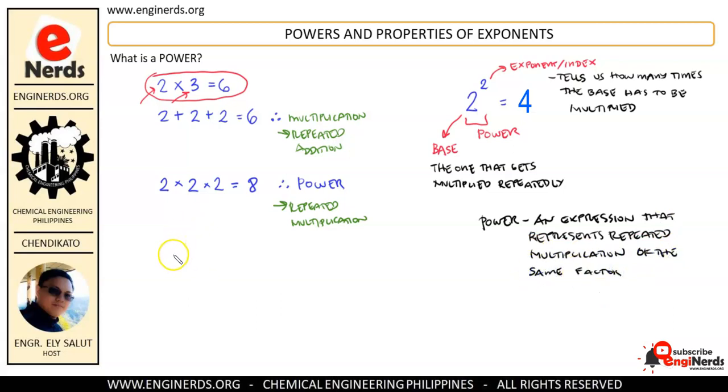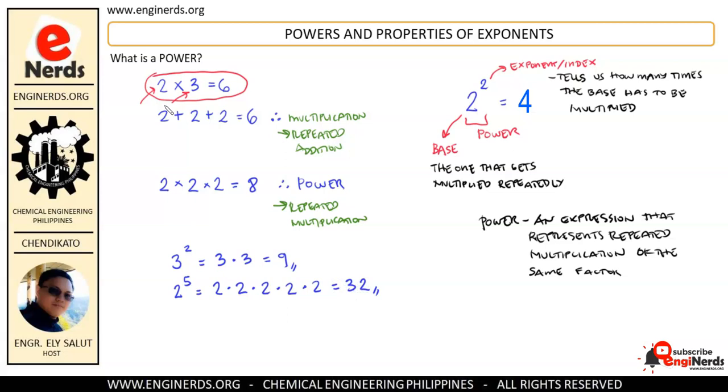So, halimbawa guys, nakakita tayo ng 3 and then merong index or exponent na 2. What we mean here is 3 times 3, which is equal to 9. And for example, nakakita ka naman ng 2 na may exponent na 5. What we mean here is 2 times 2 times 2 times 2 times 2, which is equal to 32.